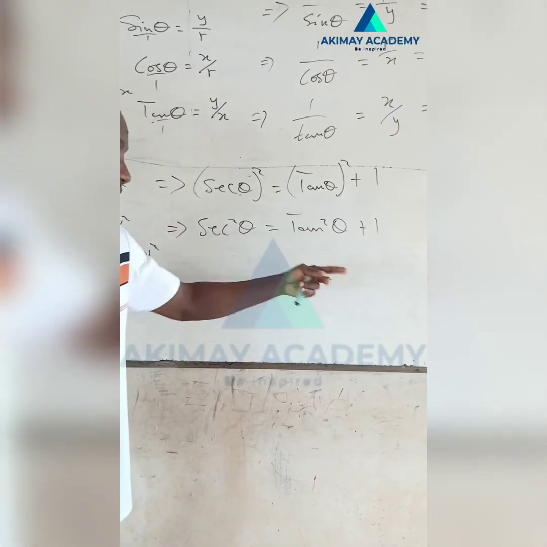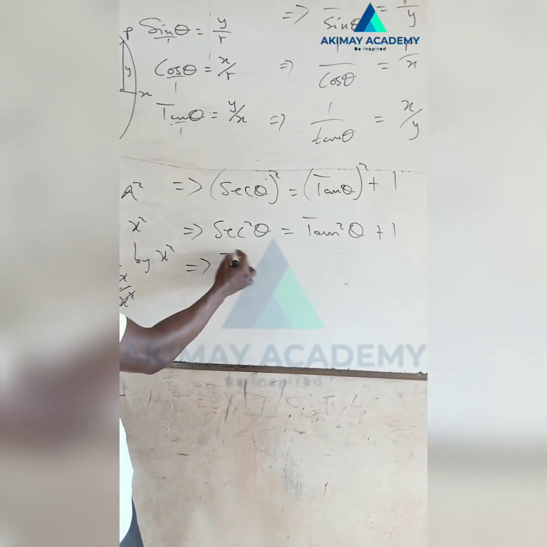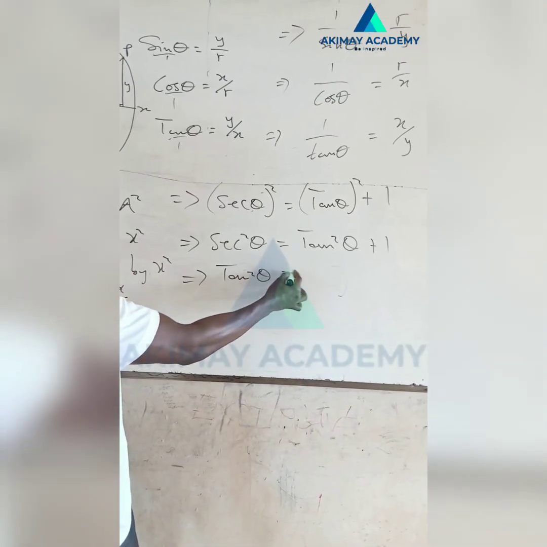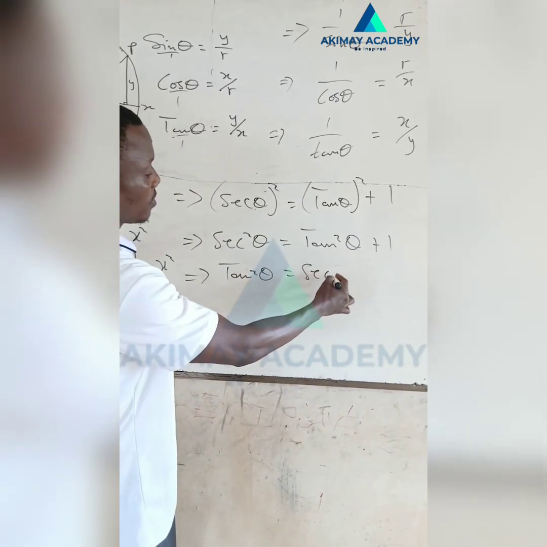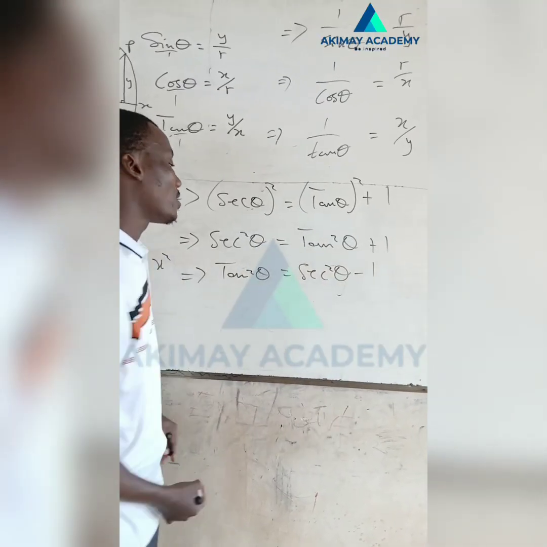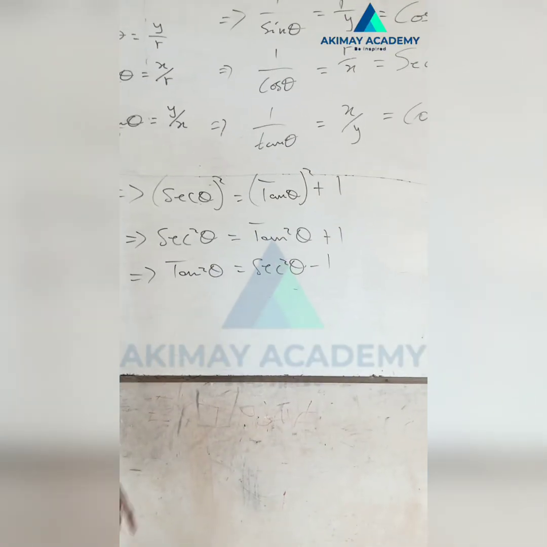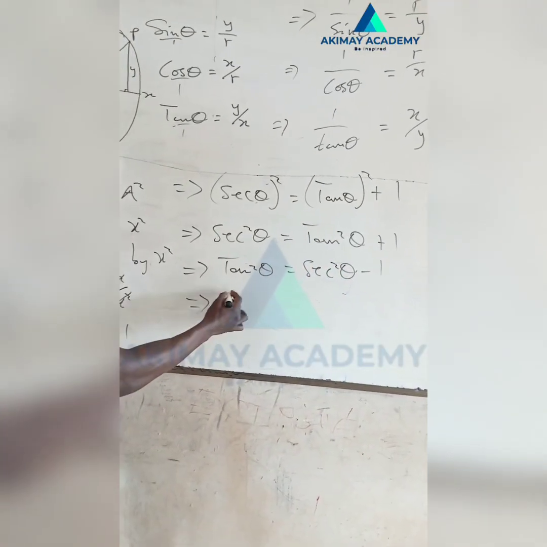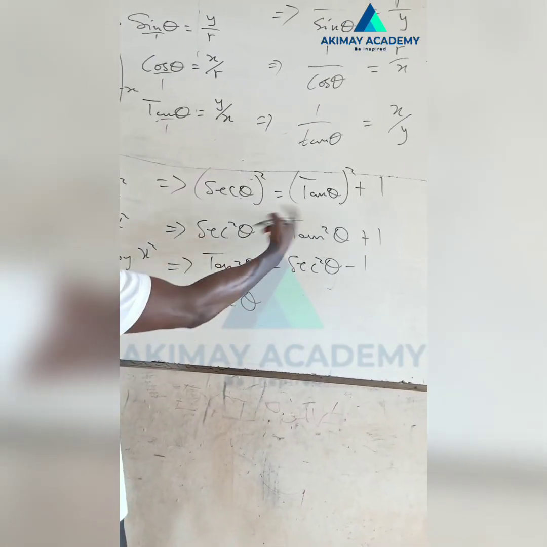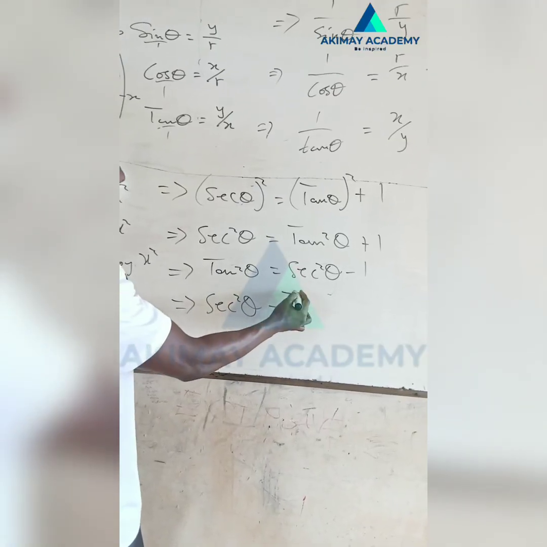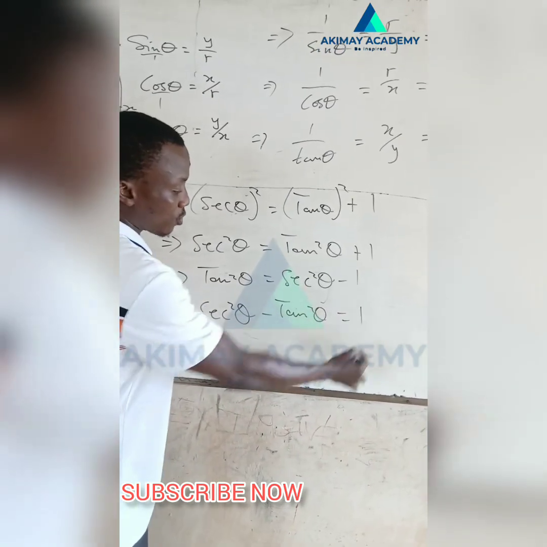Now from this identity, we can generate 2 additional identities. We can also say that tan squared theta equals, by sending this one to this side, sec squared theta minus 1. Or, better still, if we bring our tan squared theta here, we have sec squared theta minus tan squared theta equals 1.